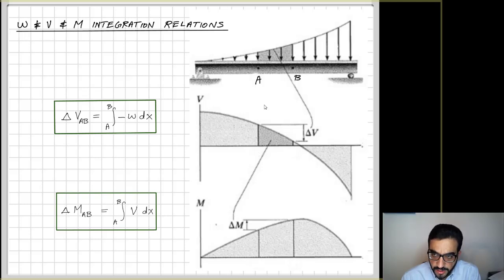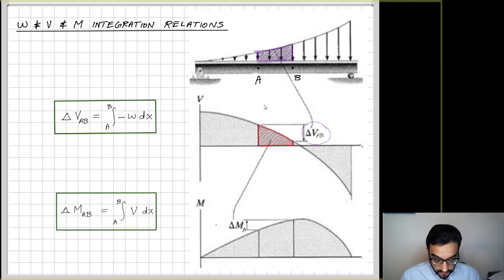And if I'm focusing on points A and B along the length of the beam, the delta V, or the difference between the shear between points A and B, will be basically equal to that hatched area under the load curve.